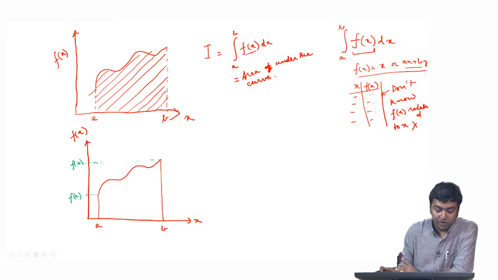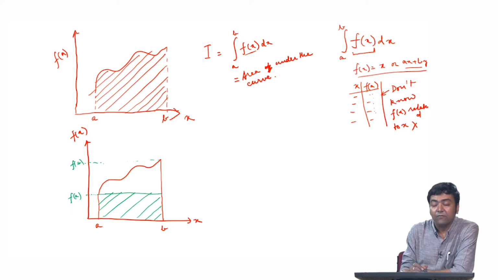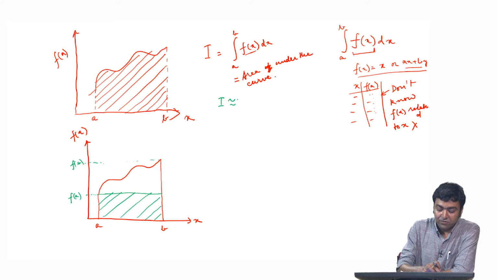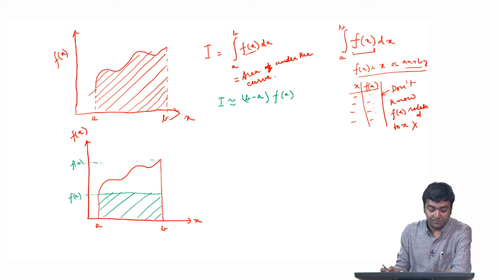So, one very brutal approximation is to draw a line parallel to my x axis from the point A up to the point B, and calculate this area. This will be an approximate value of my integral. This area will be equal to this length into this height, so basically (b minus a) times the value of the function at a, f(a).